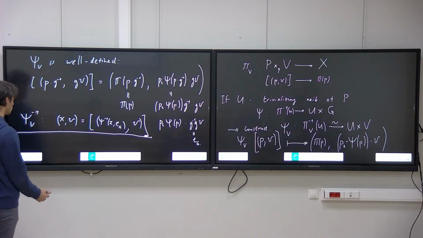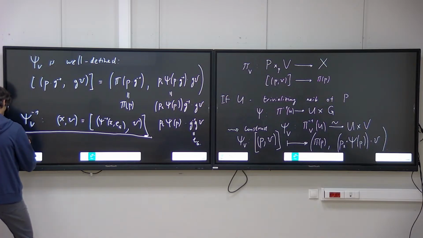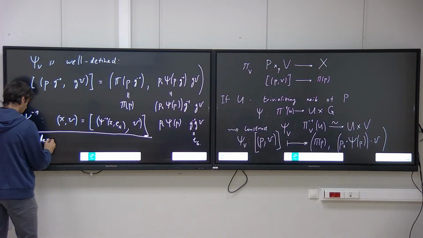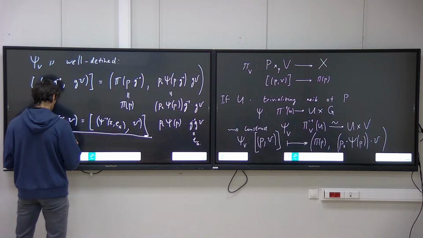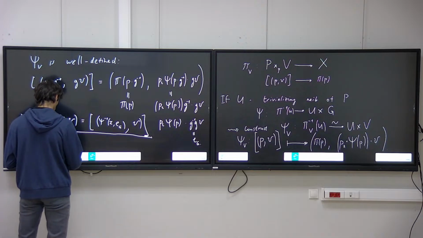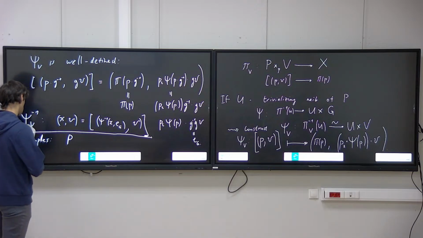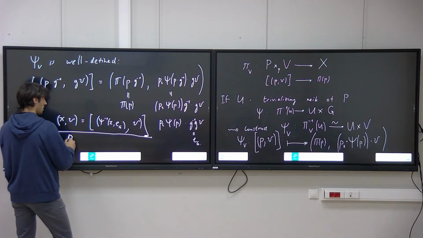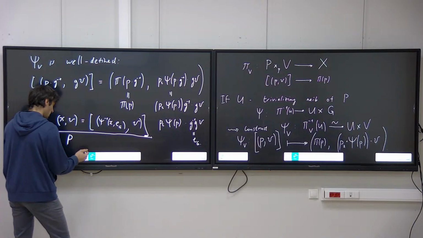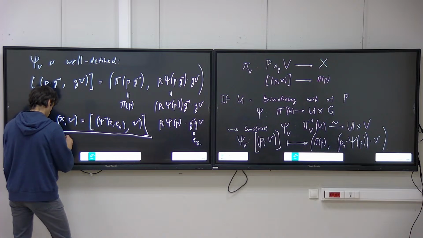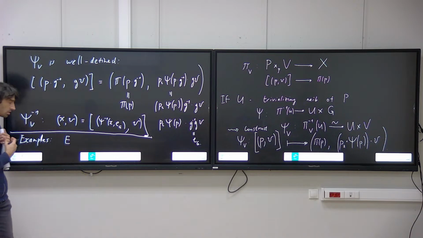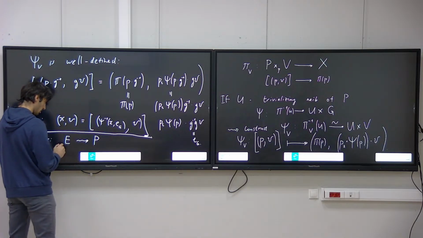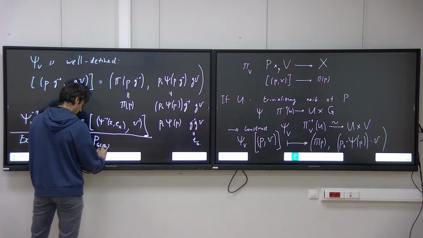So now I would like to give examples. Suppose that you started with the vector bundle E. Then we know that we have the GL_R principal bundle, which is the frame bundle.